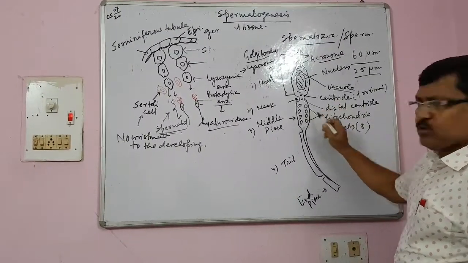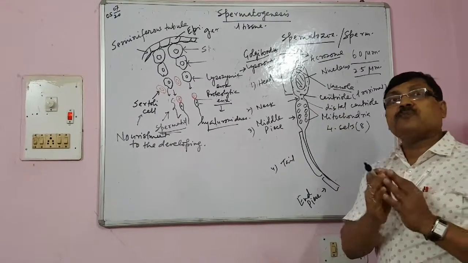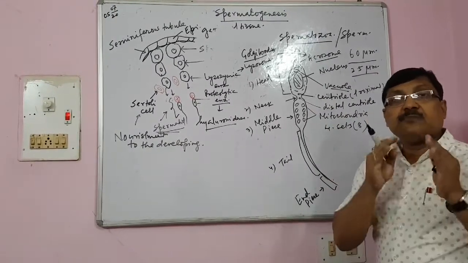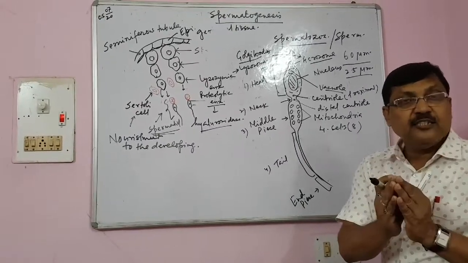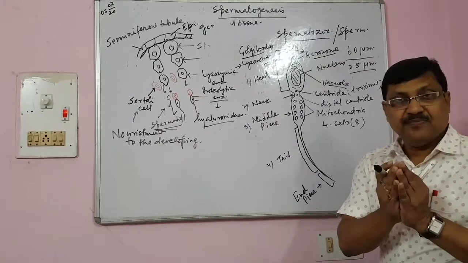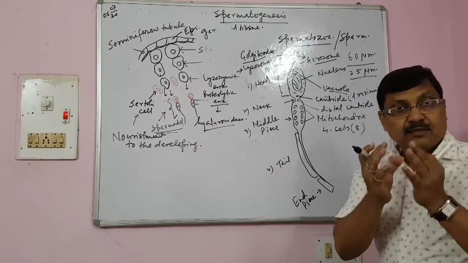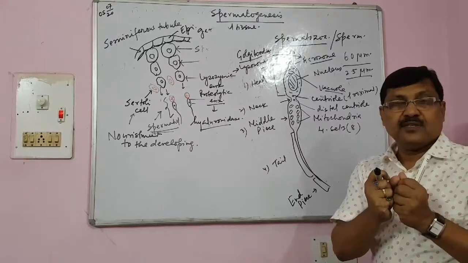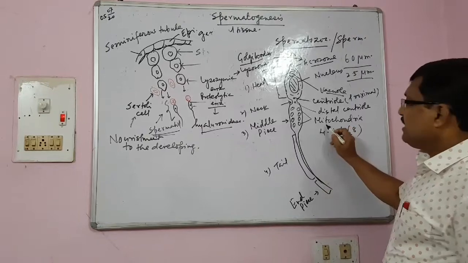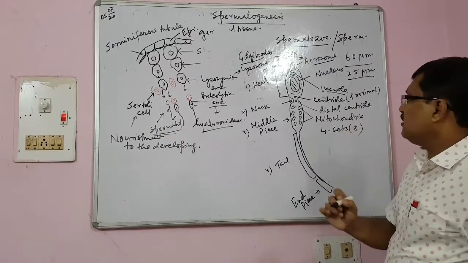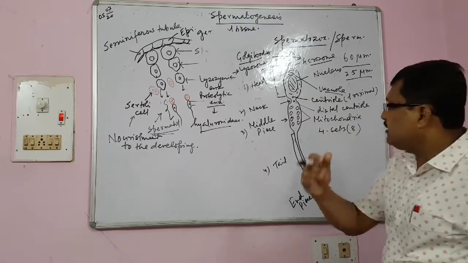And these sets of mitochondria supply the energy for motility of the sperm. So these are the house of energy, and they provide the energy to the spermatozoa for motility.